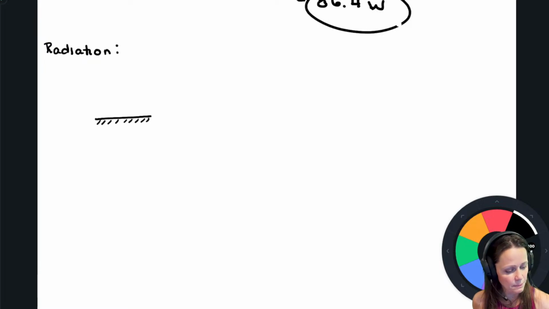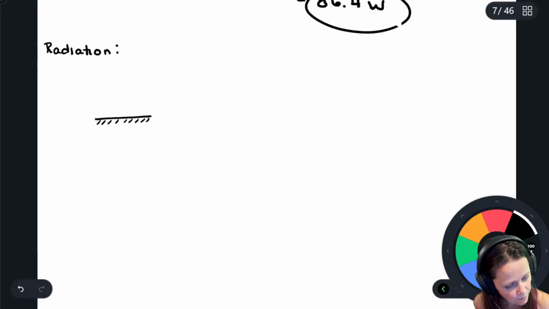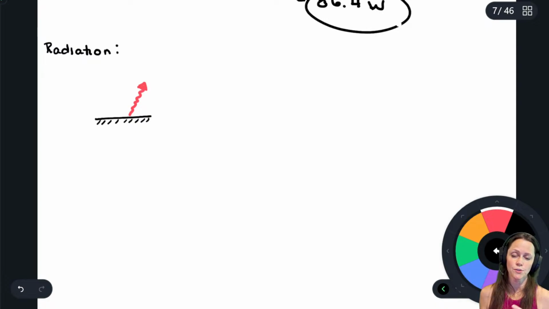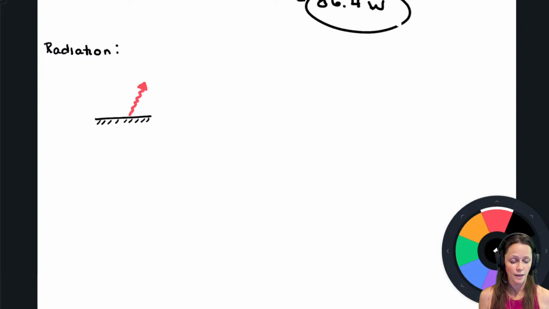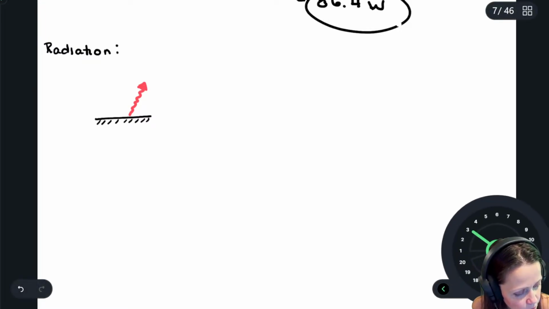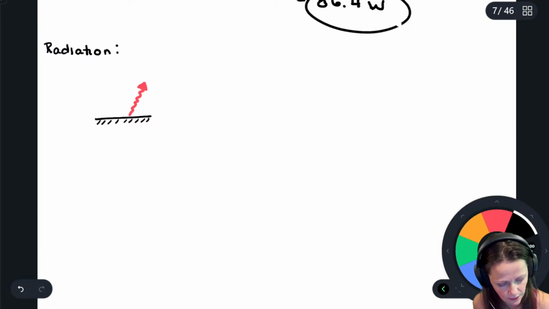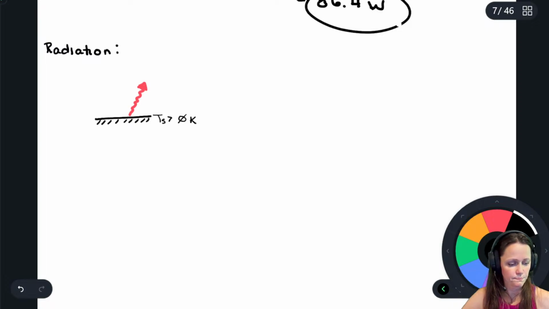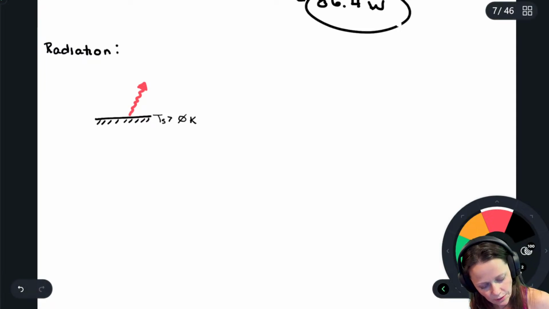But for the time being, I wanted to talk about radiation from a surface. So this surface T_s is above absolute zero, above 0 Kelvin, and it's emitting radiation, and we're going to call this E.